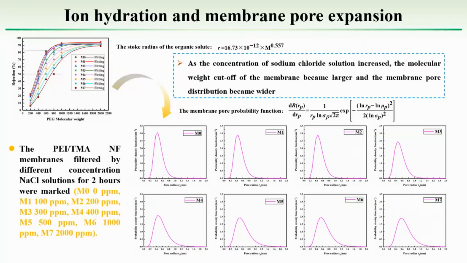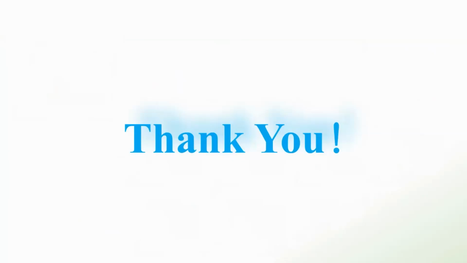As the concentration increased, the membrane pores became larger and the distribution range became wider. Therefore, we believe that the ion hydration and the membrane pore expansion caused the increase in flux. The above was our analysis and discussion of the PITMA nanofiltration membrane. Thank you.